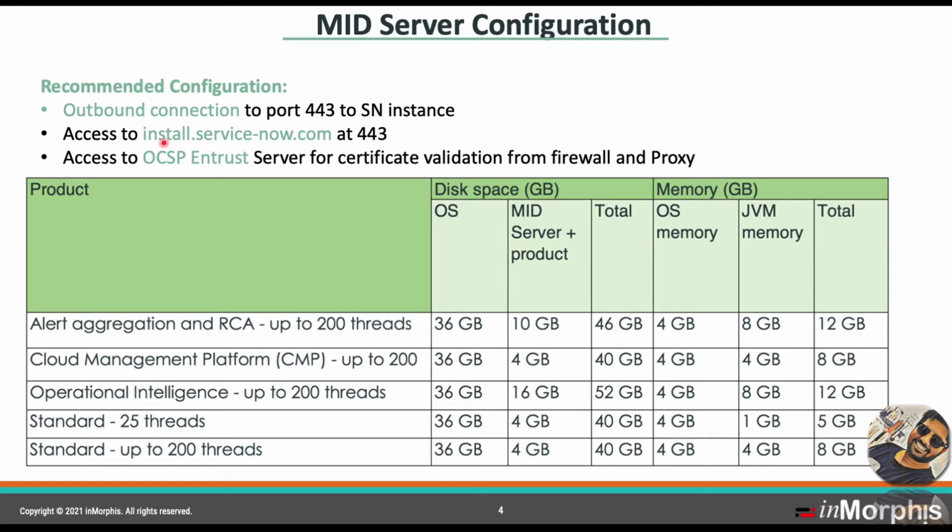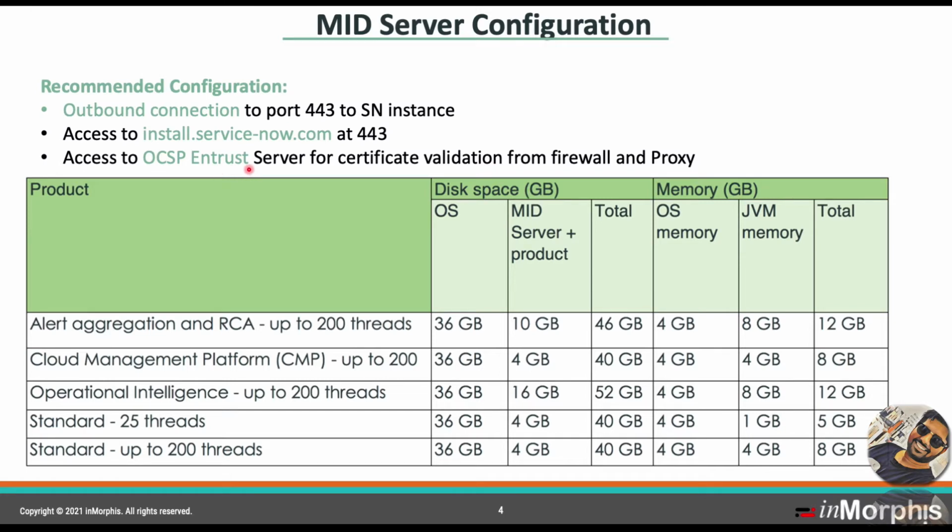Another thing is, starting from a few newer releases, ServiceNow has created a certificate, a signing key, on the mid server. To validate that signing key, access to the OCSP trust server needs to be provided from the mid server.